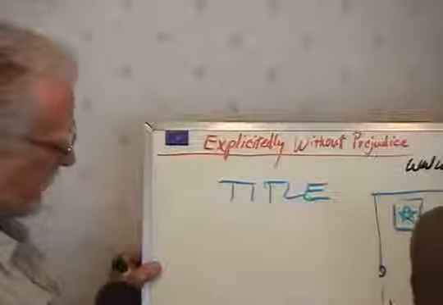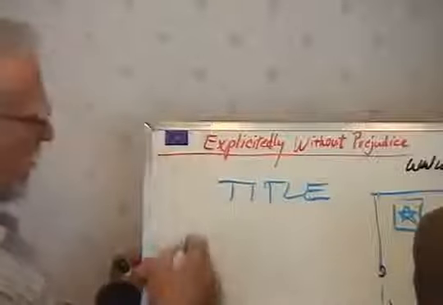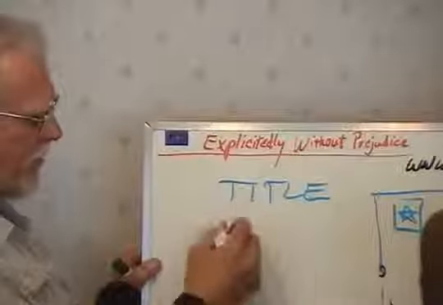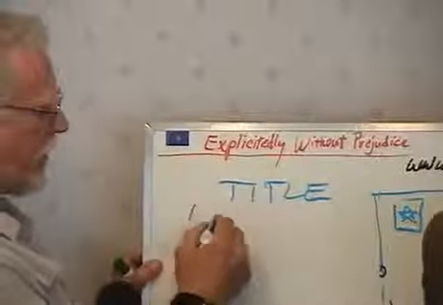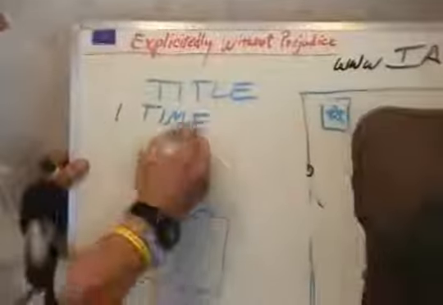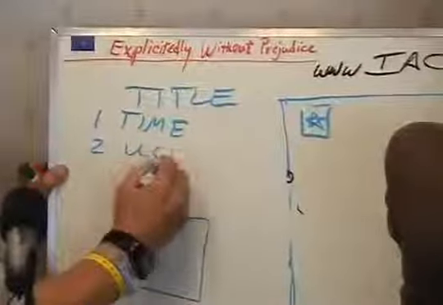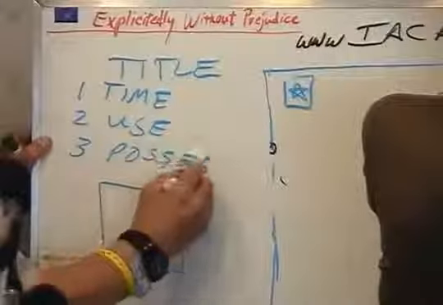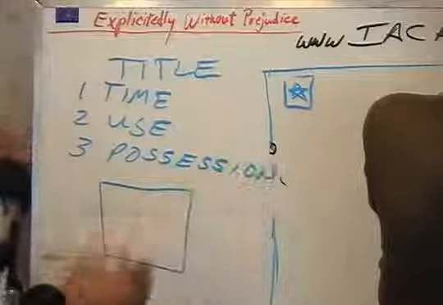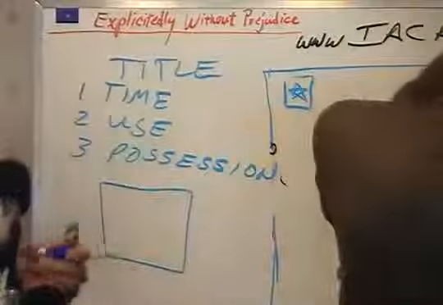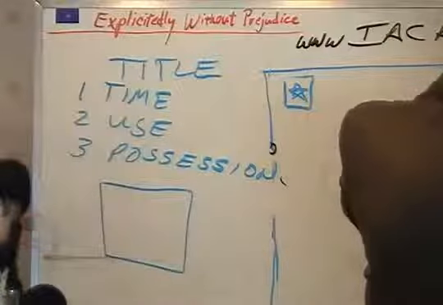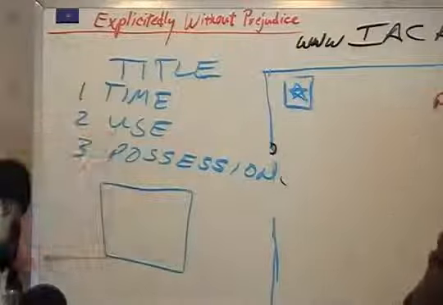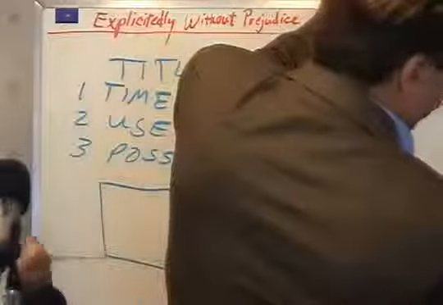Well, here's what happens. There are 4 of these issues under title that are time, use, possession, and this is what you've got. This is like the king owns the car, but he's allowing you the time and the use and the possession of the car.